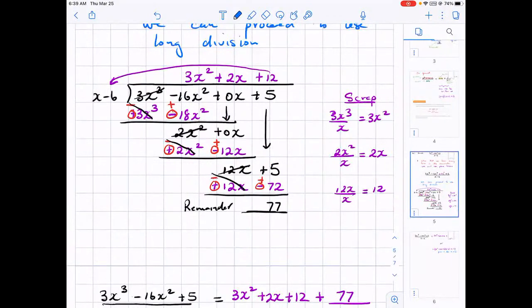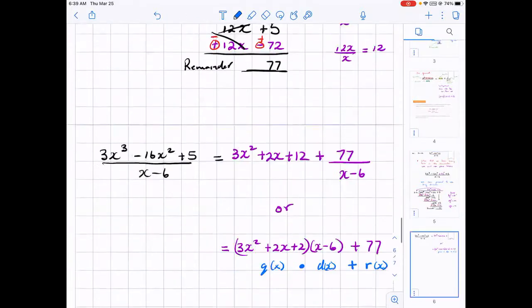Well, fortunately for us, there is a shortcut for long divisions of polynomials where the divisor is linear. That's the only problem. You can only use the shortcut if the divisor is linear.